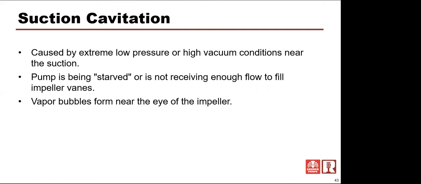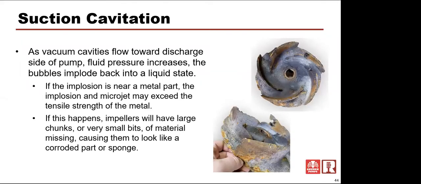And the vapor bubbles form near the eye of the impeller. They start flowing across the impeller vanes until they reach a point where there's enough pressure that causes that bubble to collapse. If you were to look at an impeller like this, this impeller is spinning this direction. Remember in that video, we said that this vane tells us that this pump is spinning in a counterclockwise rotation, spinning this way.